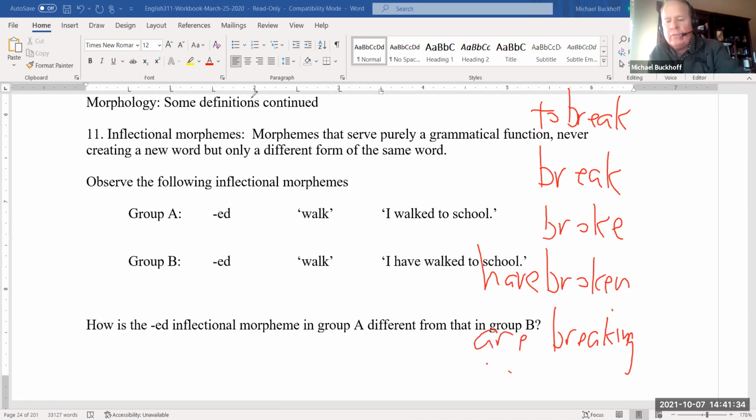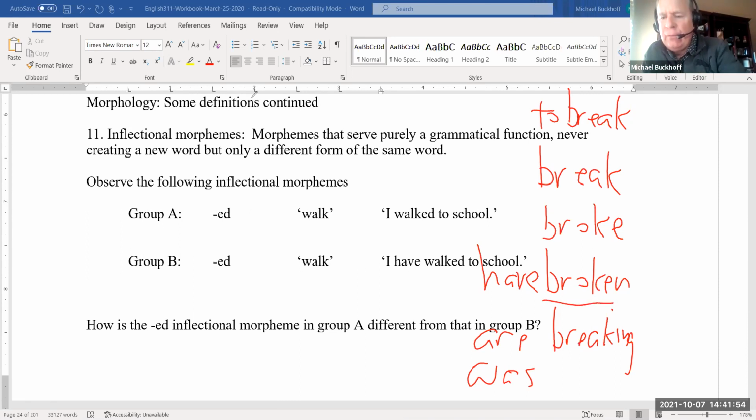You might want to write this down. To break is an infinitive. Break is the base form of the verb. Broke is a simple past. Broken is the past participle. And breaking is the present participle.